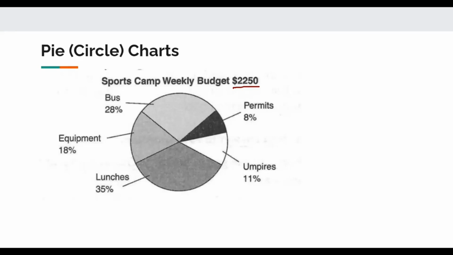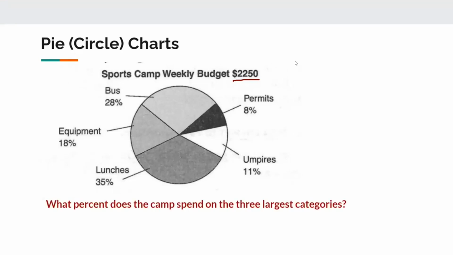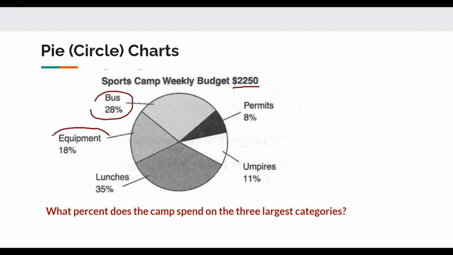Let's take a look at the kind of question that you might be asked about a chart like this. What percent does the camp spend on the 3 largest categories? In order to find the 3 largest categories, we're looking for the 3 largest pieces of the pie, so to speak. Those would be the bus costs, the equipment costs, and the lunches.